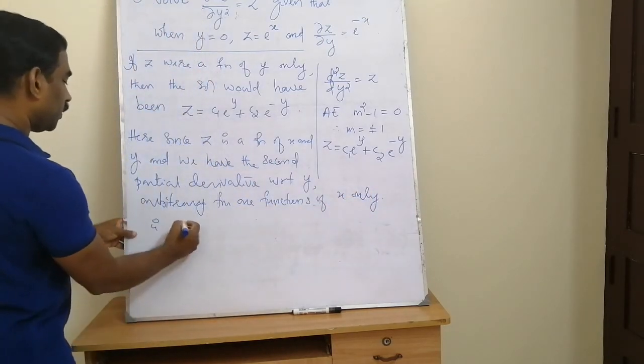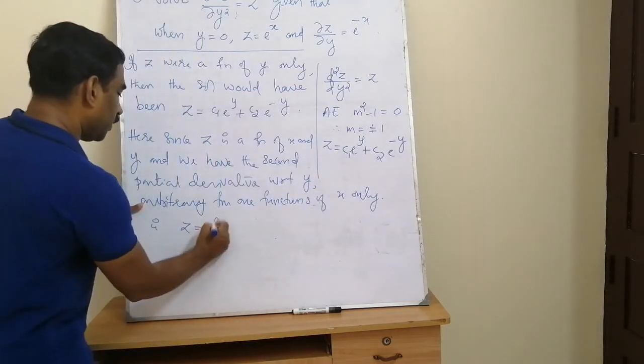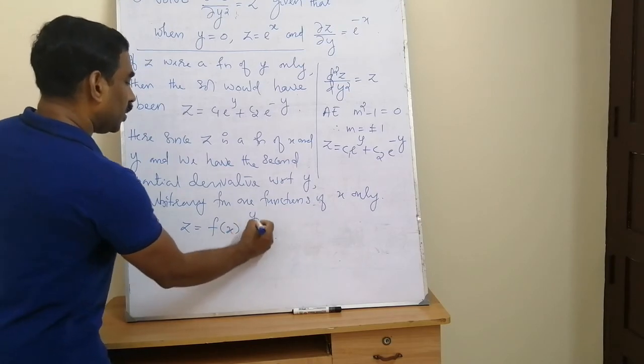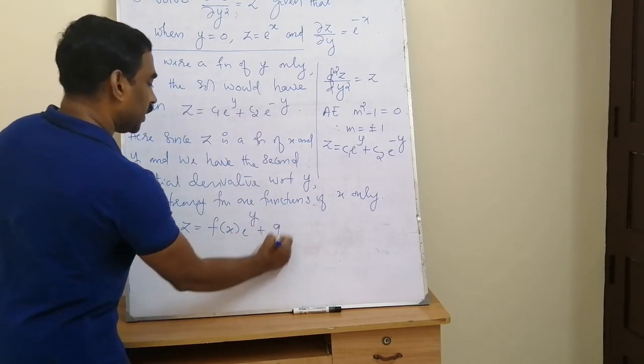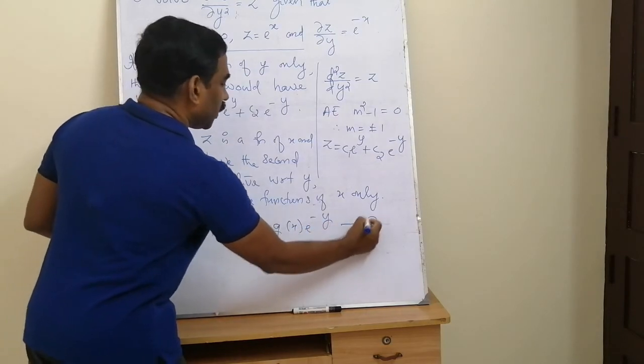That is, z is equal to, replacing arbitrary constants by arbitrary functions, one arbitrary function, say f of x into e raised to y, plus another arbitrary function, say g of x into e raised to minus y. Mark it as equation number 1.